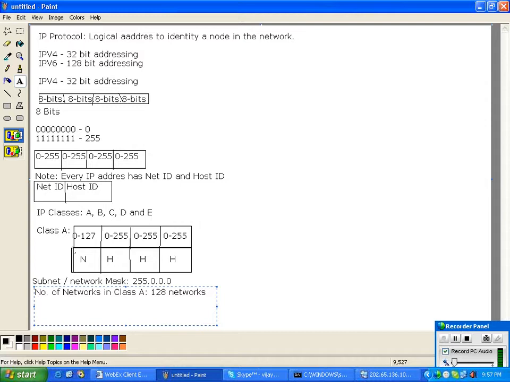But out of 128 networks, 2 networks are reserved. Zero number starting IP cannot be started with 0 number. Means 0 number is reserved.